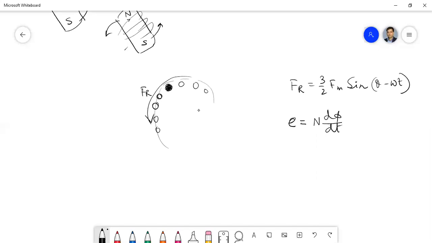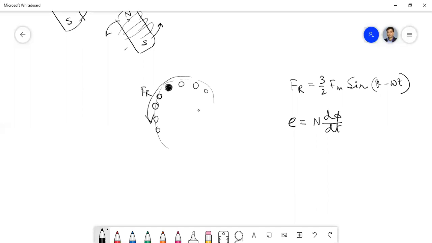But these rotor bars are already shorted, either by end rings in case of a squirrel cage induction motor or by some external means in a wound rotor induction motor. Anyway, these rotor bars or rotor conductors are shorted.